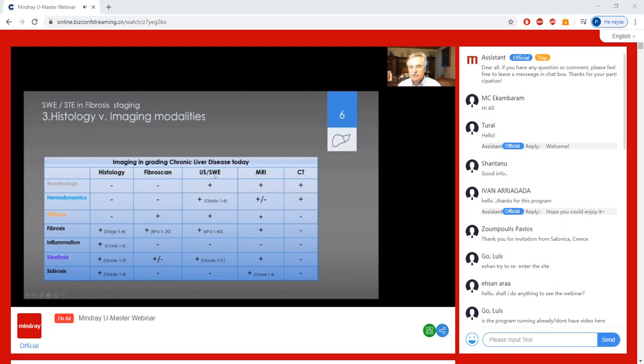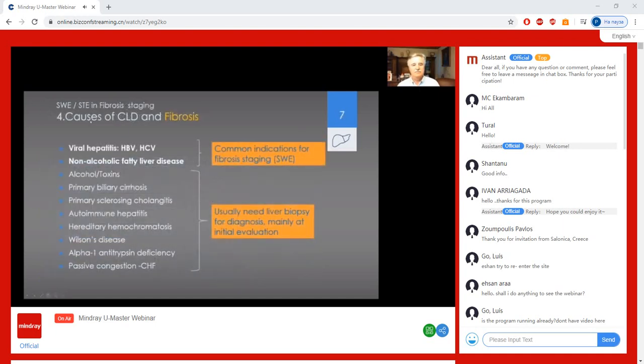Ultrasound, because of shear wave elastography, performs better because it offers, during the same examination, morphology, hemodynamics, stiffness, and of course grading of fibrosis and steatosis. MRI is good enough but very expensive. CT is not good for fibrosis and steatosis estimation.